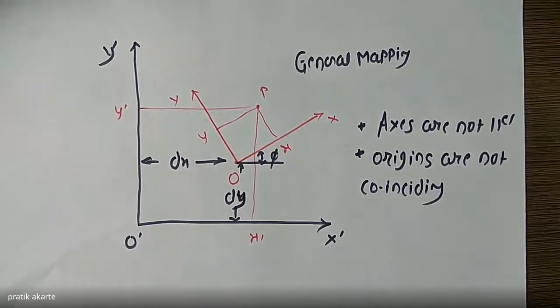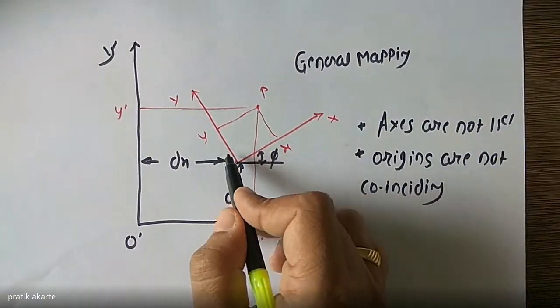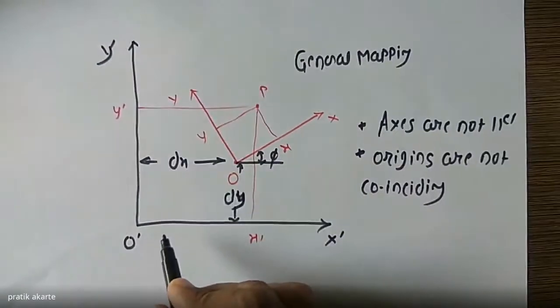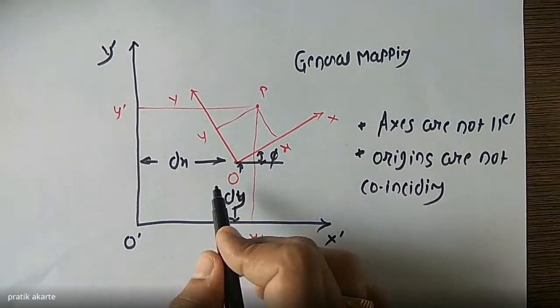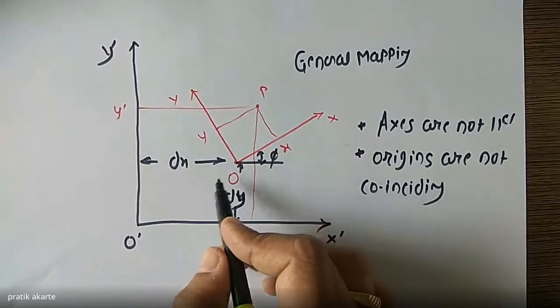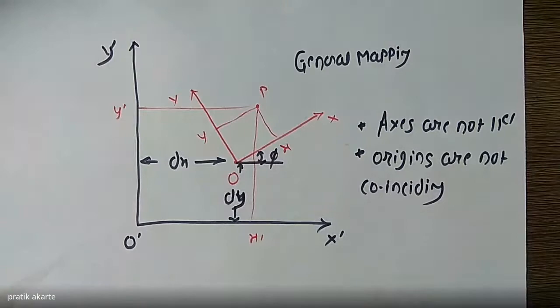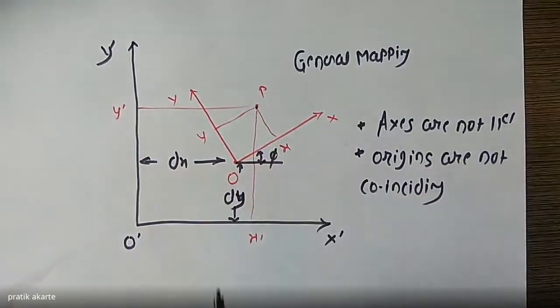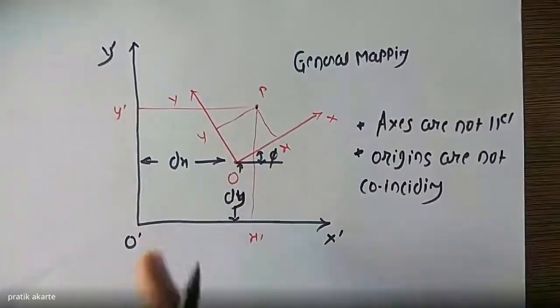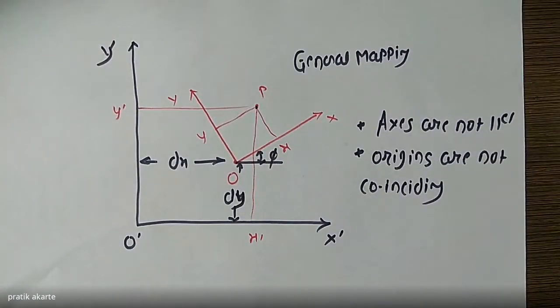So we have to perform both the mapping operations: we have to make the axes parallel for both the coordinate systems, and also we have to coincide the origins. Then only we can define this point P from this coordinate system to this coordinate system. So that's why it is called the general mapping, in which we have to perform both the mappings.